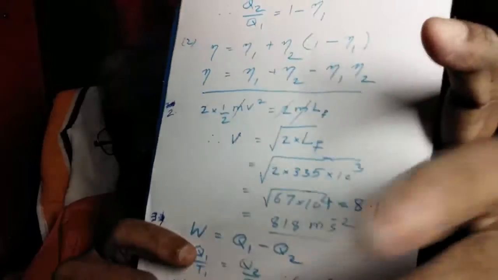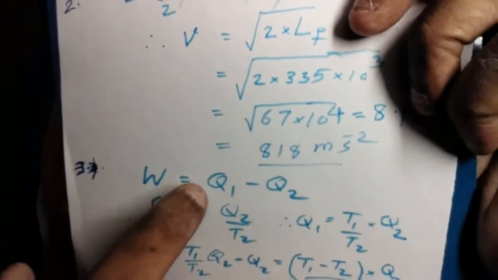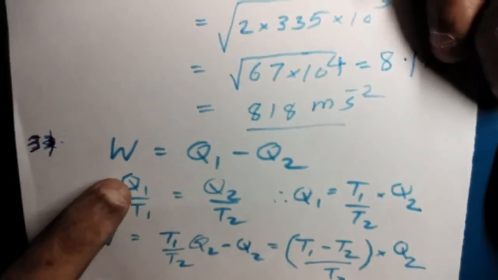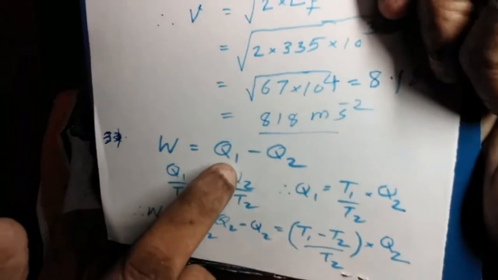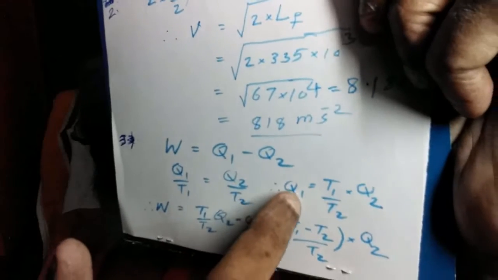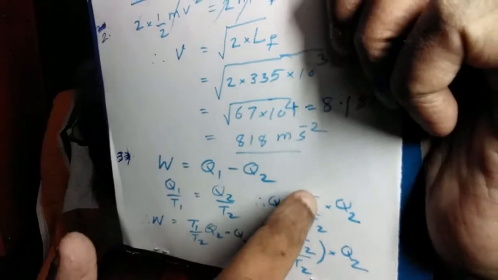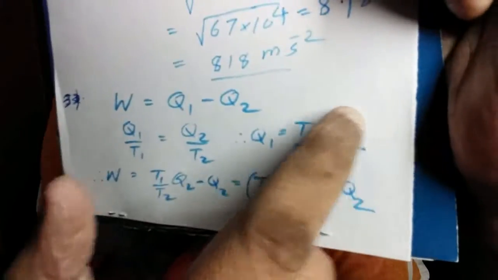So the work given to the engine, in order to work it as a refrigerator, must be the same: W equals Q1 minus Q2. But we have the Carnot equation, Q1 by T1 equals Q2 by T2, from which Q1 equals T1 by T2 into Q2.